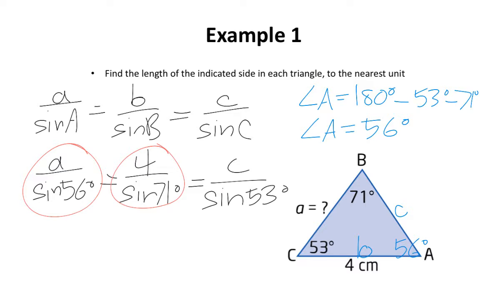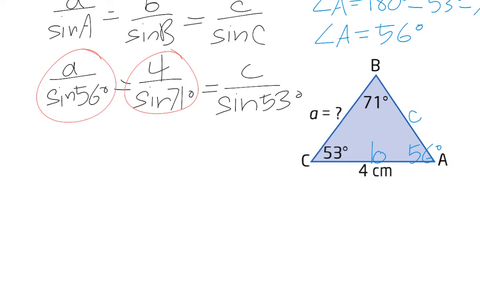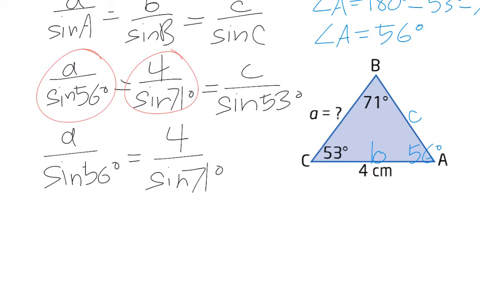So I'm going to be using 4 over sine of 71 degrees. So let's go ahead and rewrite those two fractions. So A over sine of 56 degrees is equal to 4 over sine of 71 degrees.